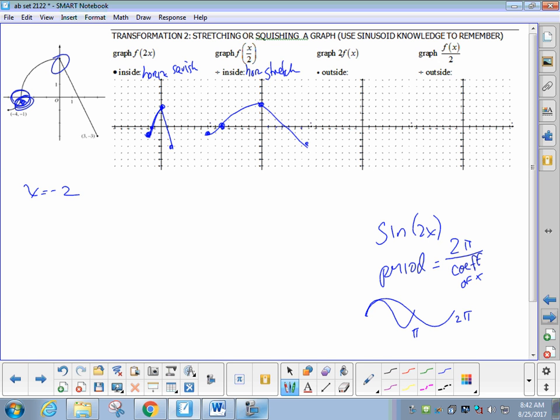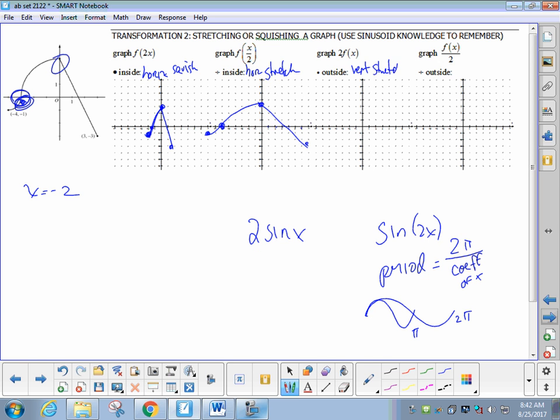Okay, cool. What about multiplying outside? What would that do to a sinusoid? What's the number out front called in physics or in math too? Coefficient, it causes the amplitude to change either way, yeah? All right, so will the amplitude be doubled or squished? Vertical stretch or vertical squish? Vertical stretch.